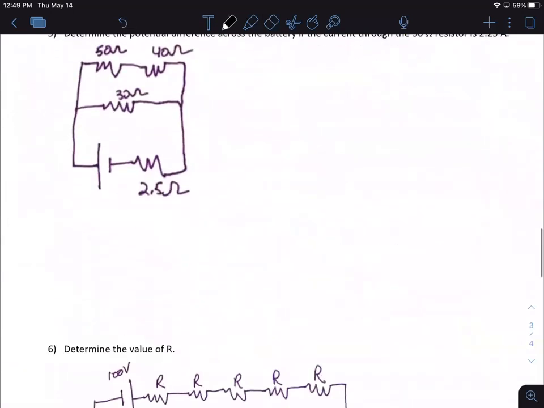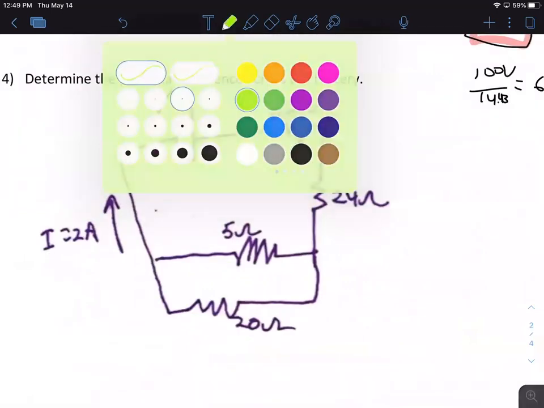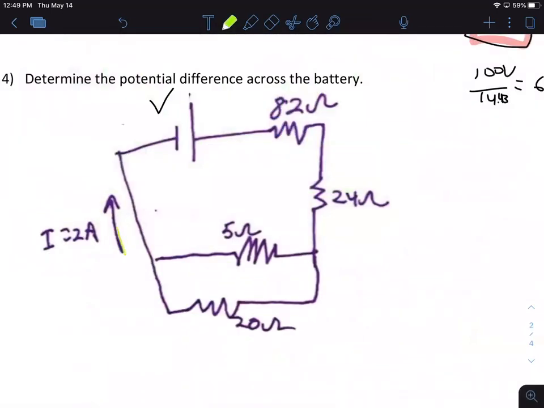All right, next up. Determine the potential difference across the battery. So we're looking for V for the battery. And we got this I that's going around like this. It's splitting up down these two paths and coming back together.